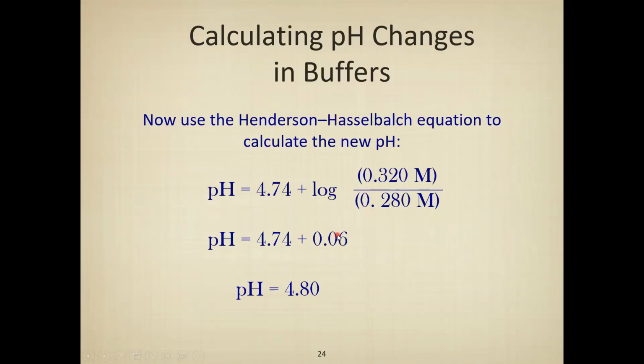Let me just double check to make sure that's correct. Log of 0.32 over 0.28. Yep, so 0.06. And then when we add those together, we get 4.80 there.